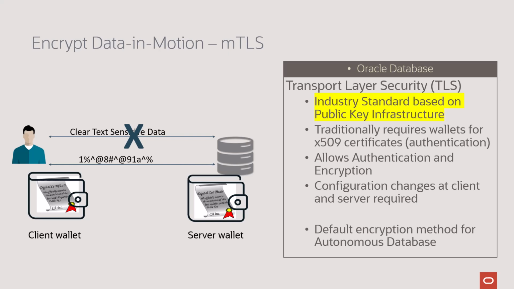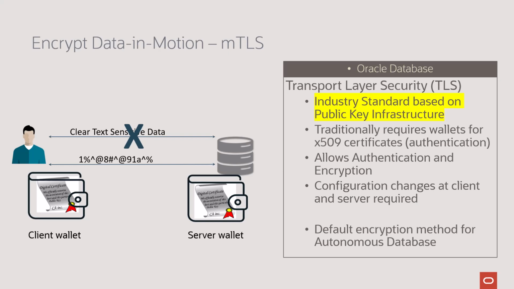Obviously, the configuration then demands that you create these wallets, which are the containers for the certificates. Mandatorily, there is one on the server side, and optionally, one for the client to also authenticate. Now, potentially, you can just authenticate the server, and the client can take advantage of TLS for just the network encryption, ignoring the authentication possibilities.